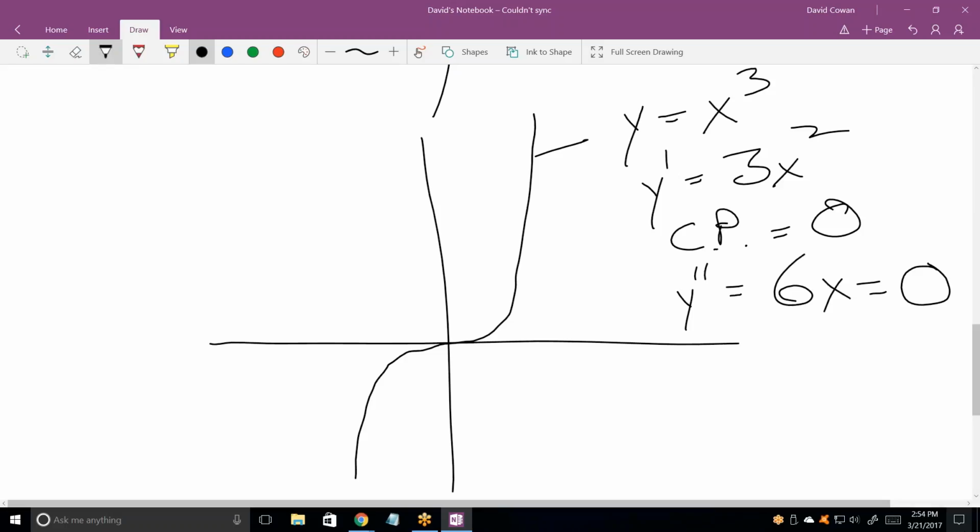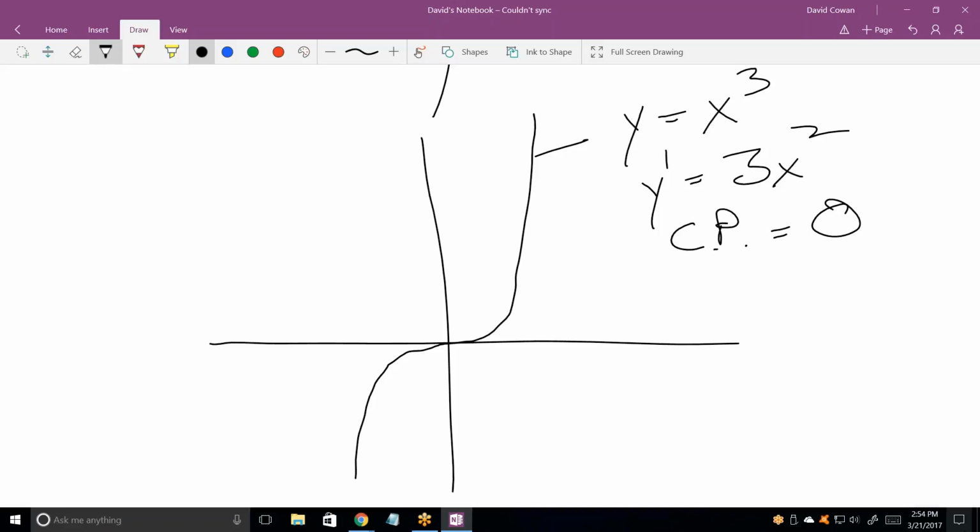So this is when you go back to the first derivative test, and this is really the only time I use it. Remember what the first derivative test is. What are the slopes prior to the critical point? Are they positive or negative? Positive. What are they after the critical point?